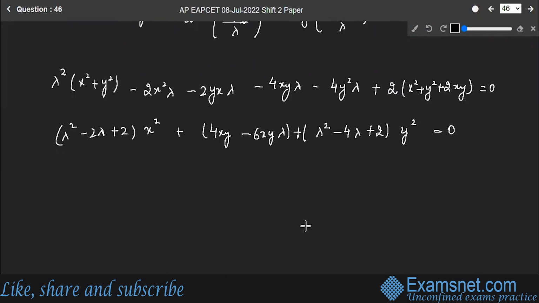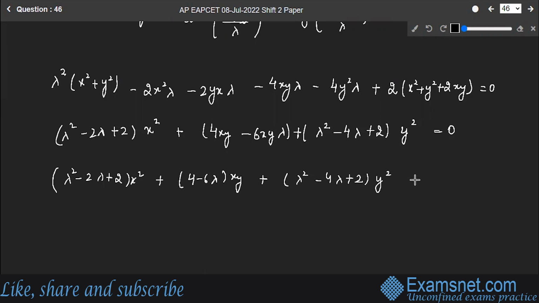Sorry, here is a plus, not a multiplication. So now let's solve it further. You will have lambda square minus 2 lambda plus 2 into x square. I can take xy common from here, so this will become 4 minus 6 lambda xy plus lambda square minus 4 lambda plus 2 y square is equal to 0.